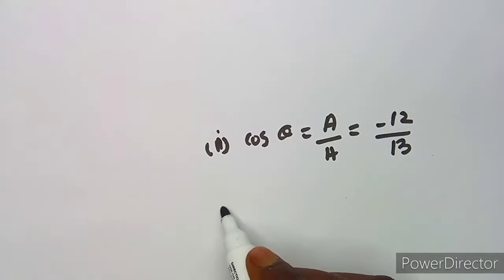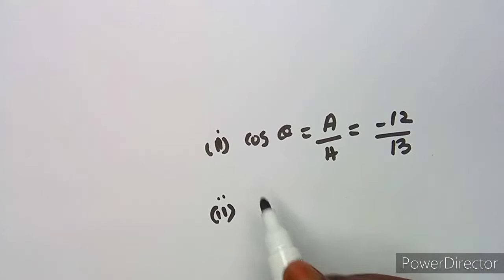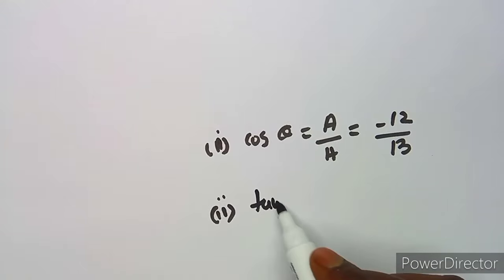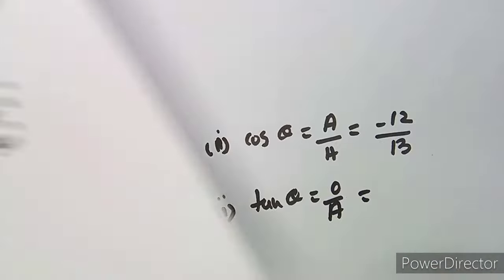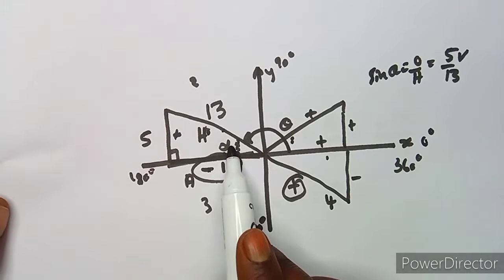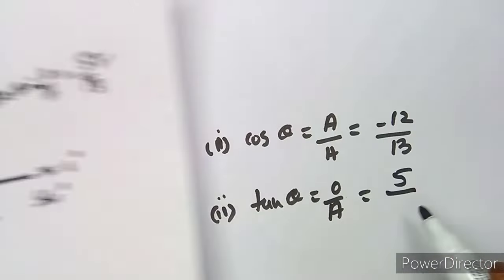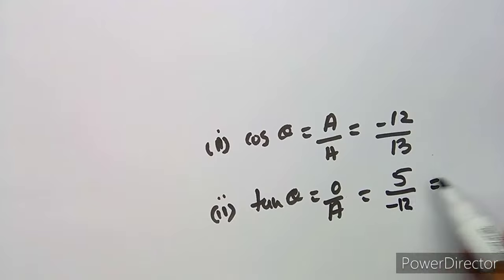All right, we move on to another item, which is tan theta. Tan theta, we know, is opposite over adjacent, and your opposite in this case is 5 over the adjacent, which is negative 12, like that. So negative on top is going to be negative 5/12.